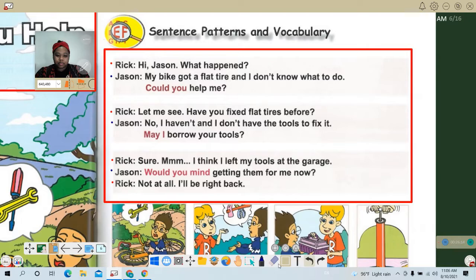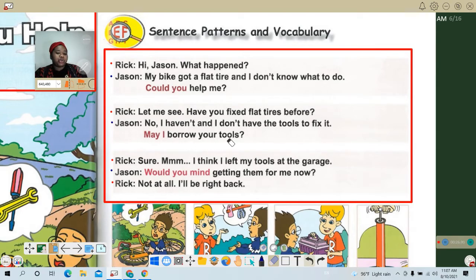What happened? My bike got a flat tire and I don't know what to do. Could you help me? Let me see. Have you fixed flat tires before? No, I haven't, and I don't have the tools to fix it.